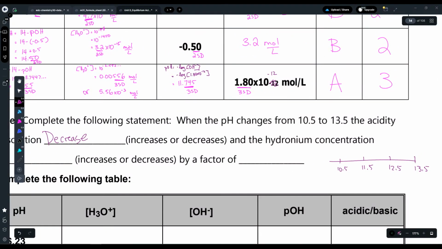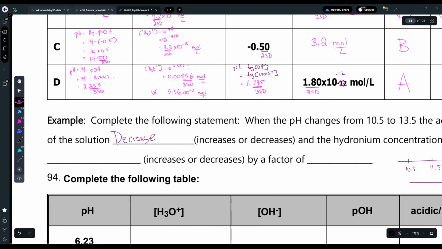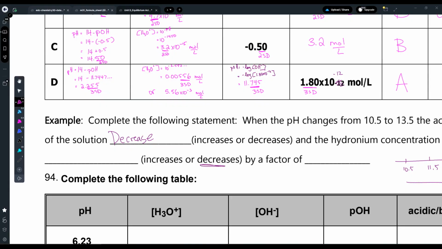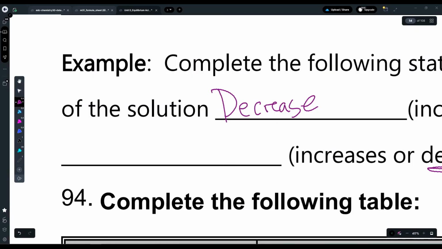As we get more basic, the concentration of hydronium is going to decrease, because the higher the concentration of hydronium, the more acidic it is. The more basic something is, the lower the concentration of hydronium is going to be. So the concentration of hydronium is going to decrease.